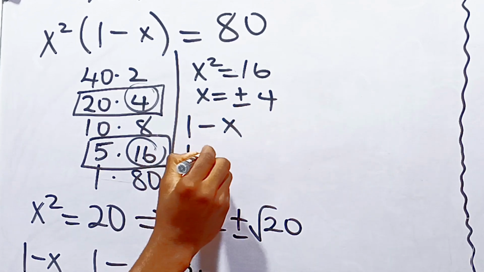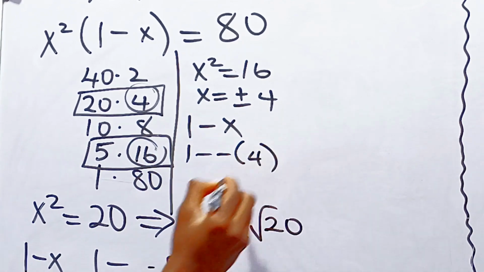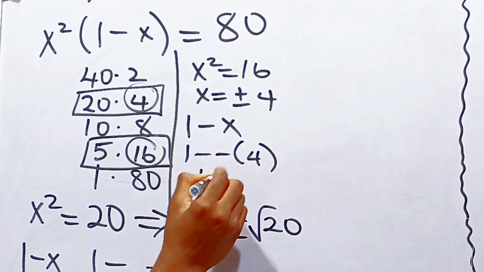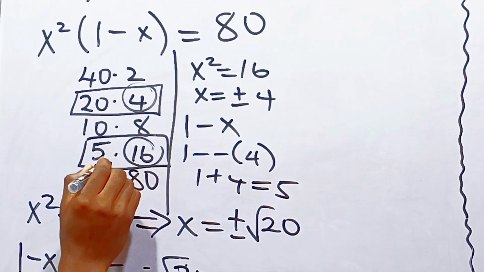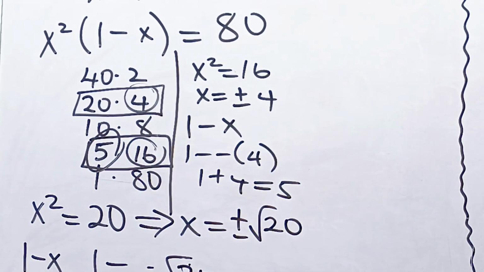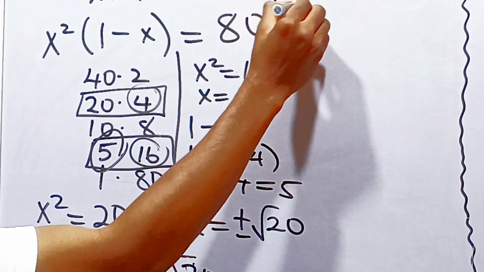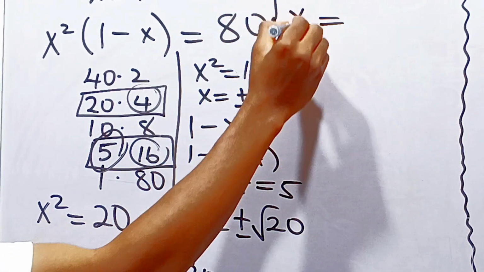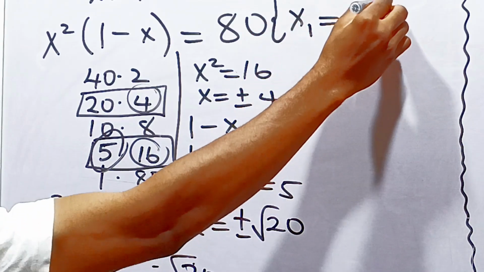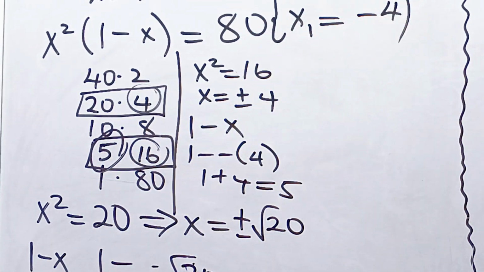So we have 1 minus negative 4, which is now 1 plus 4, which is equal to 5. And that is the other multiple. Hence, we can conclude that the first answer we've gotten for x so far is x equal to negative 4. Okay? So, that's just the first answer. Let's find the remaining 3 answers for this equation.